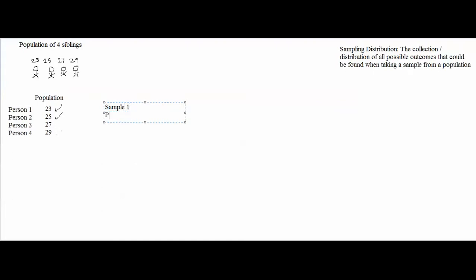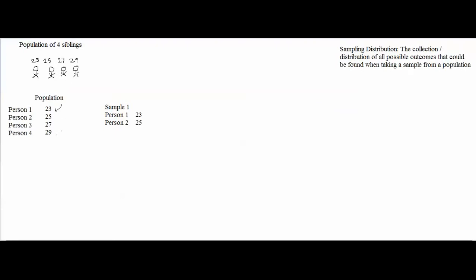So sample 1 is person 1 and person 2. Person 1 is 23 and person 2 is 25. So if we end up selecting person 1 and person 2 to be our sample of 2 people, and we record their 2 ages, then this will be the data set that we end up recording. But we don't have to select person 1 and person 2 to be our sample. We could instead select person 1 and person 3 to be our sample. So let's write that down as another possible sample.